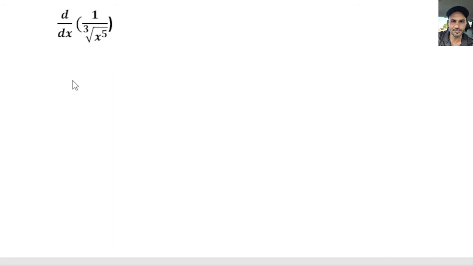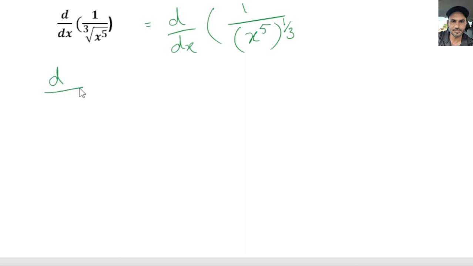Here we have another function, a root function where our radical term is in the denominator. So I'm going to do the same thing as we did before. Let's simplify this. So d over dx, and I'm going to simplify this as x to the 5, and then a cube root, I'm going to write it as to the 1/3. So I simplified this into this. In the next step, I'm going to simplify it further.